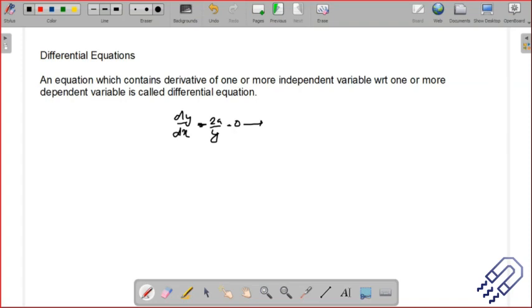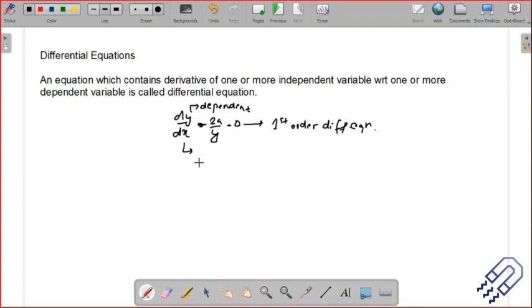All of you know that this is a first order differential equation. Here we have the dependent and the independent variable. So y will be a function of x. Y depends on x, so y is dependent.